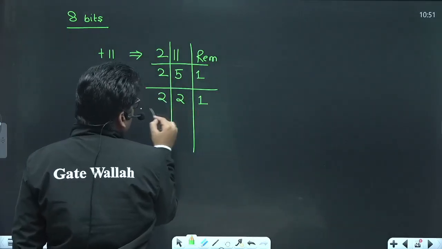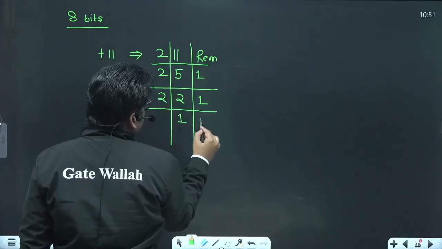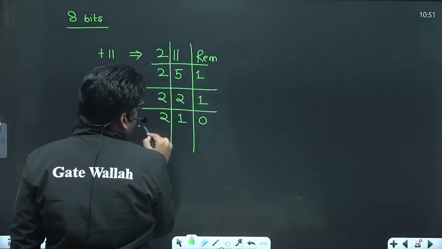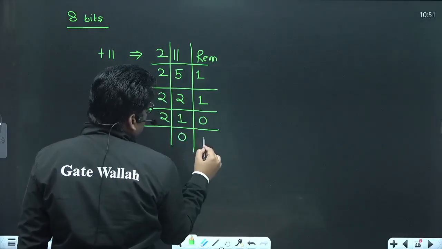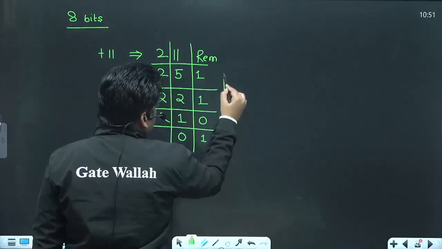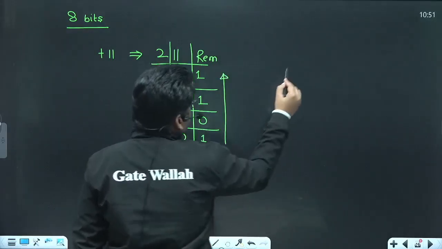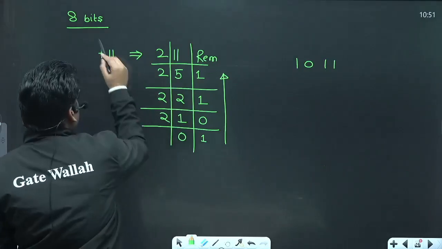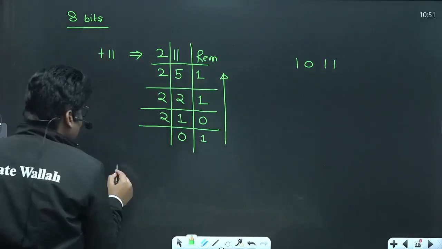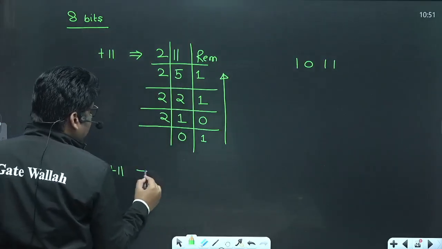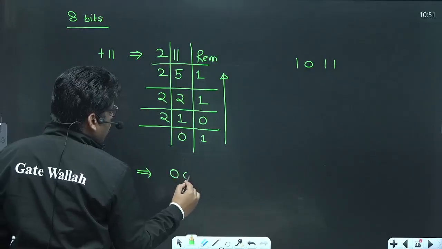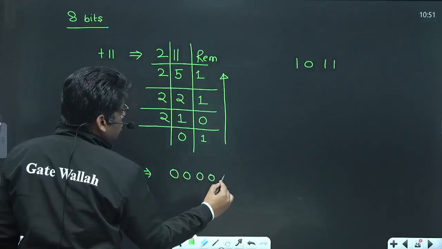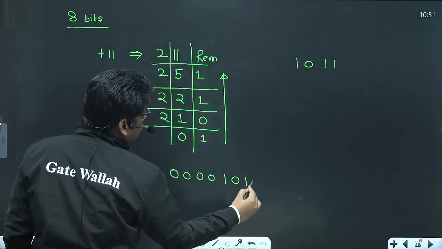Dividing 2 by 2, quotient 1, remainder 0. Dividing 1 by 2, quotient 0 and remainder 1. The binary for 11 is 1011. So in 8 bits, plus 11 is nothing but 0 0 0 0 1 0 1 1.